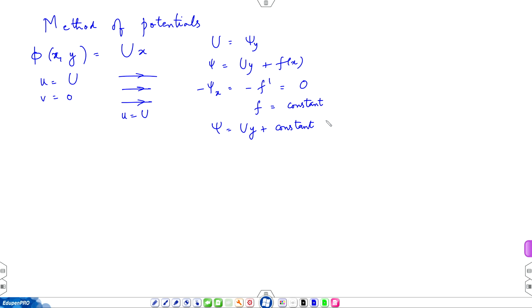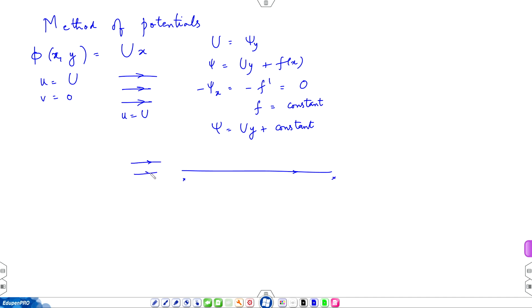So, you can see that from phi we have been able to find psi. This problem can become much harder when the function phi is more elaborate. Okay. But in this solution, y equal to 0 gives you a streamline. So, let us say this is the x axis and it is a streamline, that means flow is going along this line, and the flow normal to it is 0.